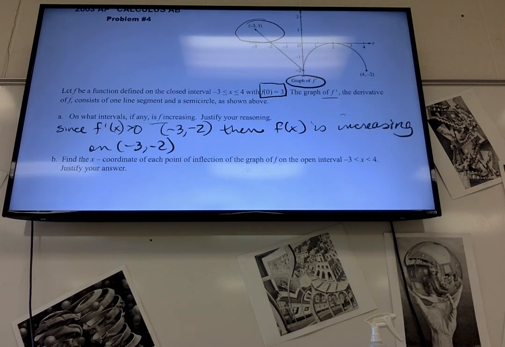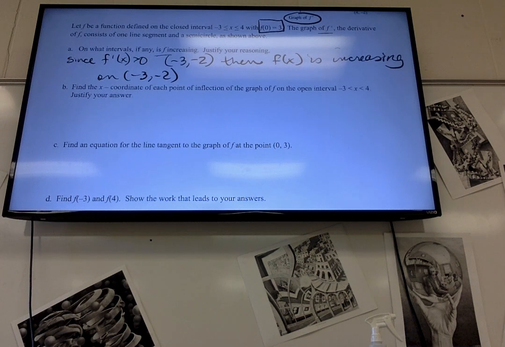B. Find the x-coordinate of each point of inflection of the graph of f on the whole interval negative 3 to 4. Justify your answer. That would be the maxes and mins on this graph. This is f prime, so points of inflection would be maxes and mins. We have a max at 2 and a min at negative 2.